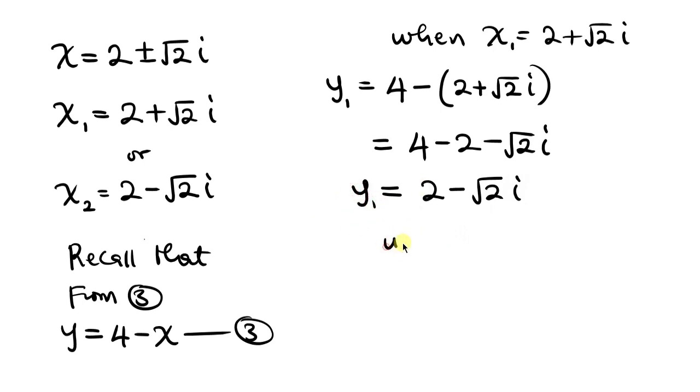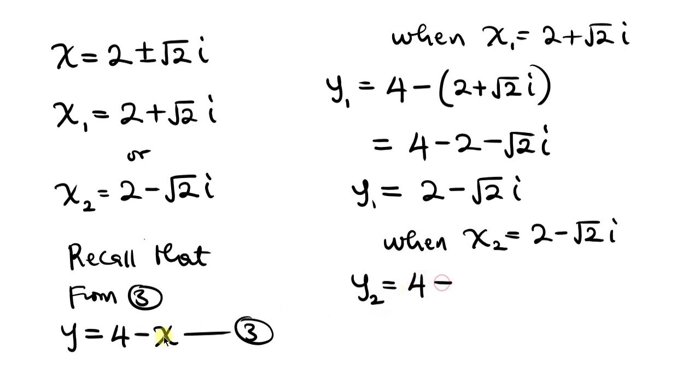Now this time around, when x is equal to the second value, 2 minus root 2 i, what is going to be our y? Our corresponding value for y will be 4 minus x. What is our x? Our x is 2 minus root 2 i.